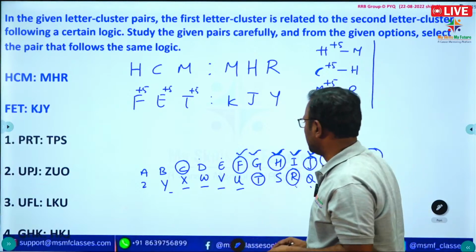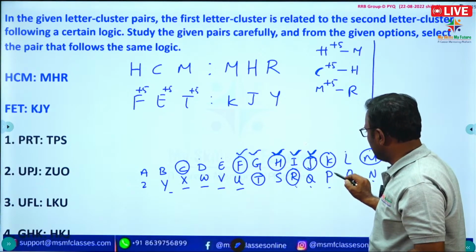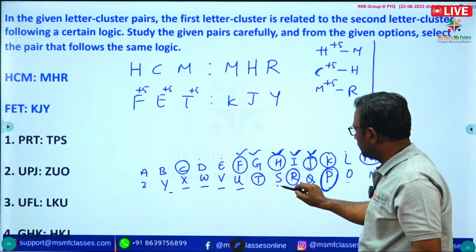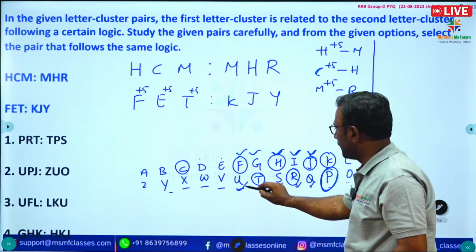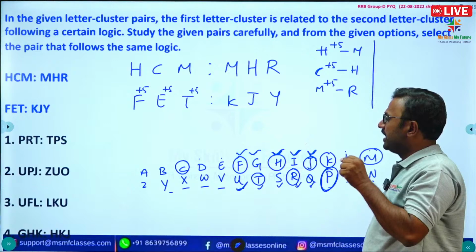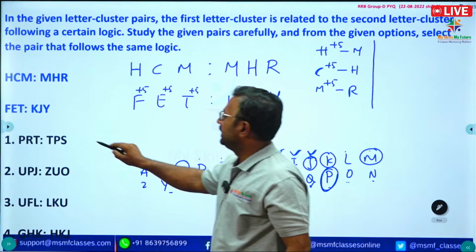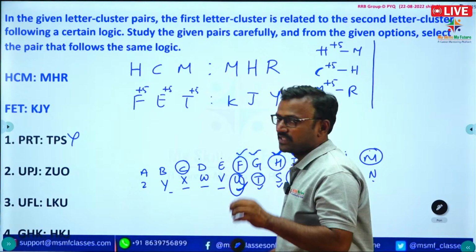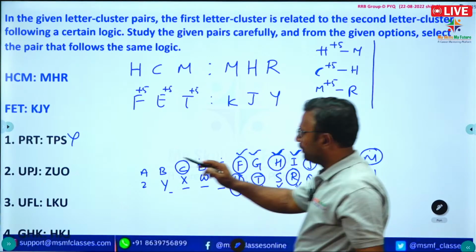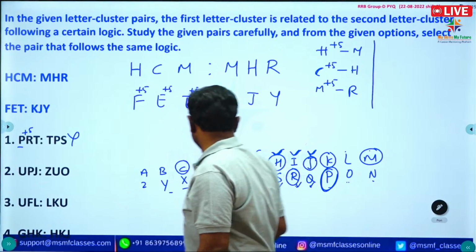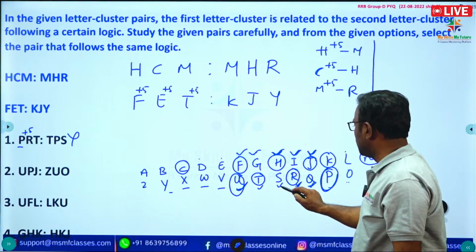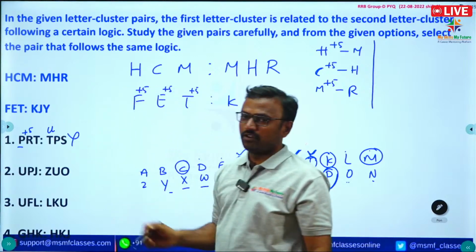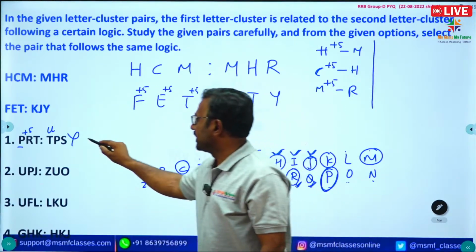Here P is there, 1, 2, 3, 4, 5, so we need to get U. But in the first option there is T, so surely we can say this is wrong. No need to check the other alphabets.